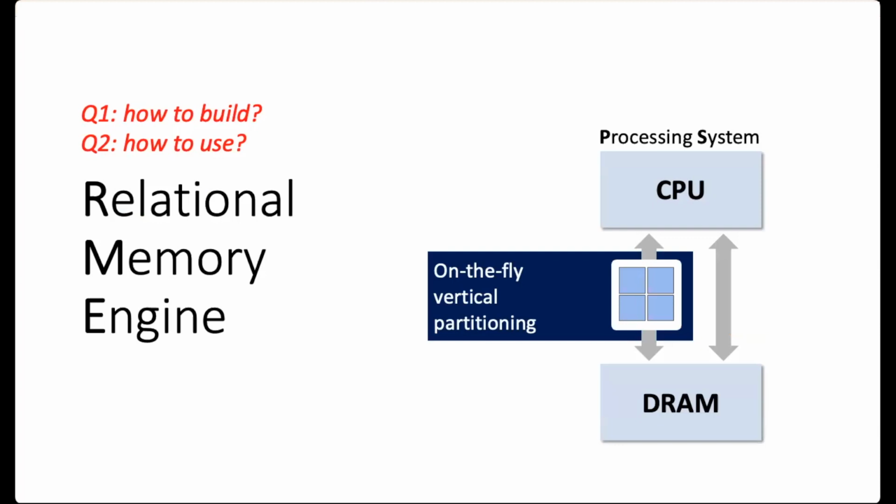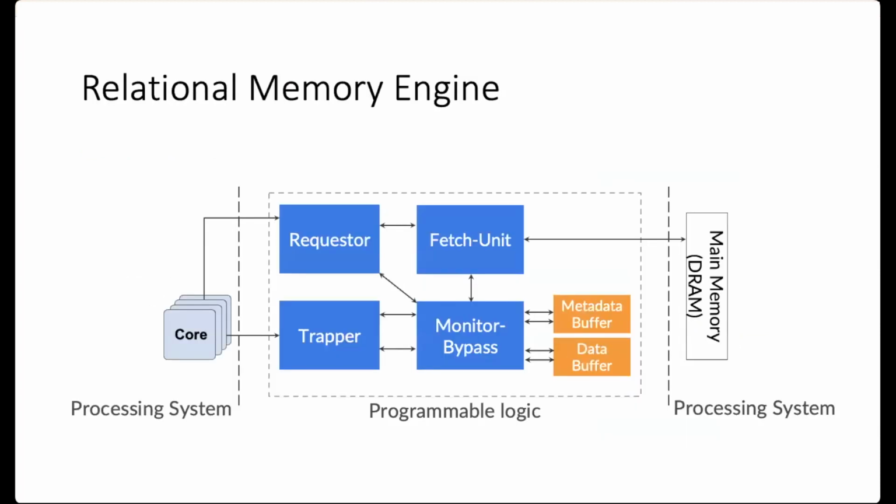Now I'm going to move to how to build such machinery. The relational memory engine sits on the programmable logic between the CPU and memory. There are 4 major components: trapper, monitor bypass, requester, and fetch unit. First, the trapper is the interface between the CPU and the relational memory engine, and it intercepts the CPU-originated memory requests to the ephemeral variable.